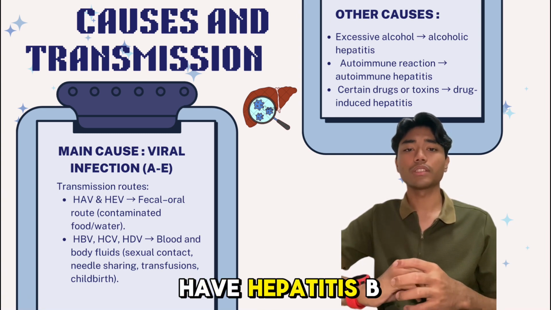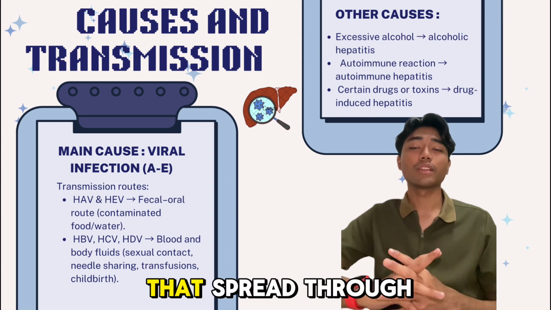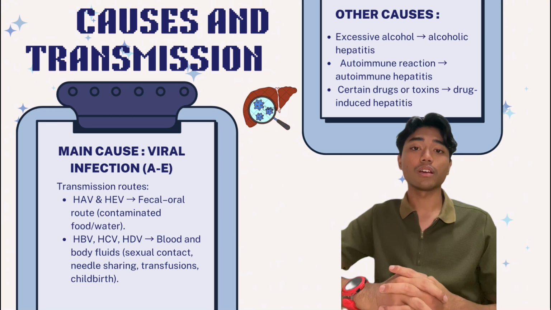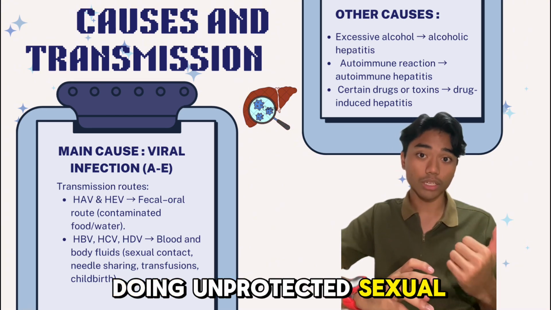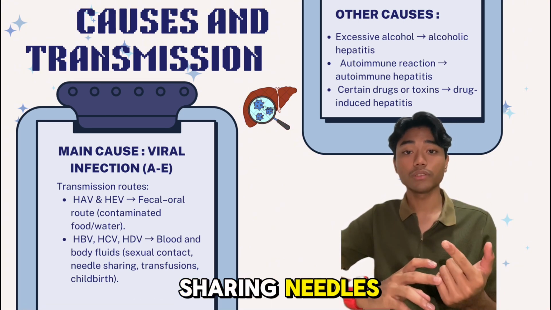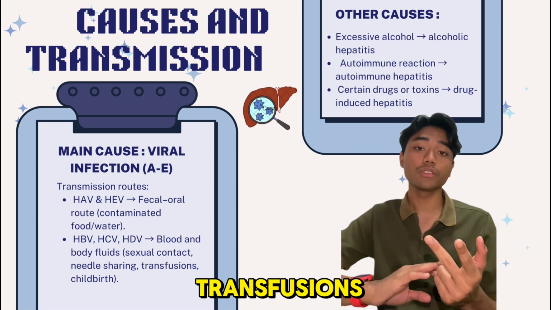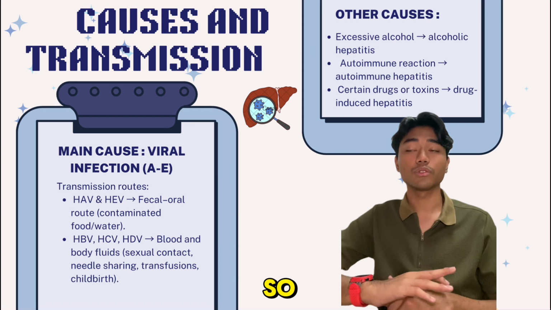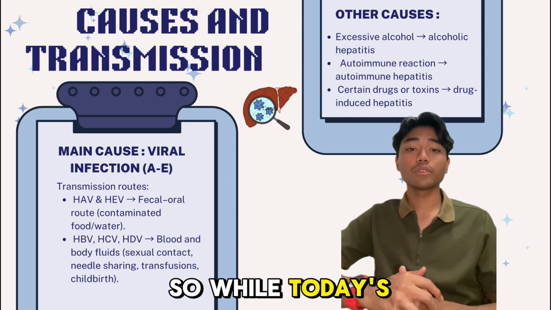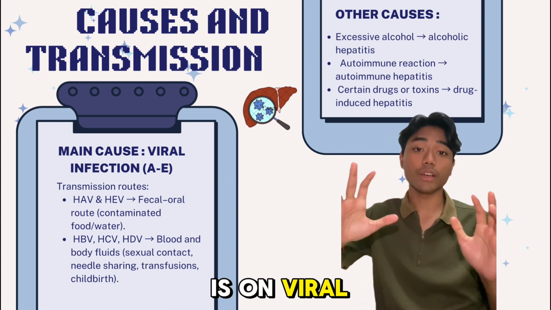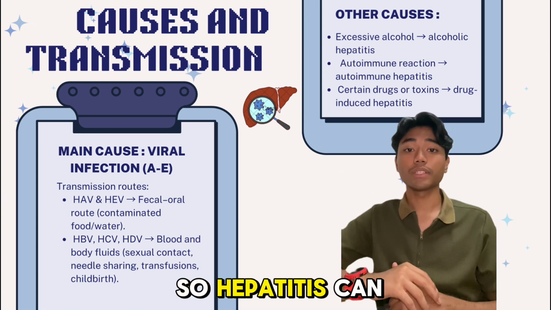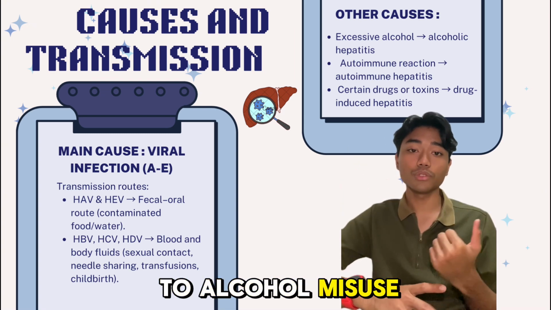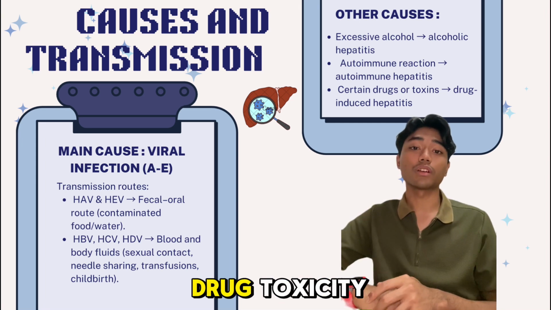And next we have hepatitis B, C, and D that spread through blood and bodily fluids, including unprotected sexual contact, sharing needles, unscreened blood transfusions, and mother-to-child transmission during childbirth. While today's focus is on viral causes, hepatitis can also occur due to alcohol misuse, autoimmune disease, or drug toxicity.